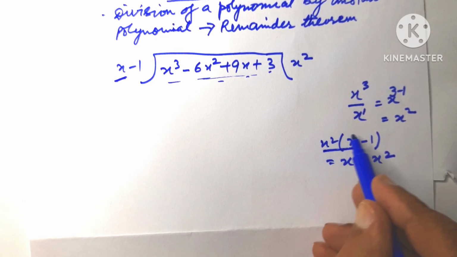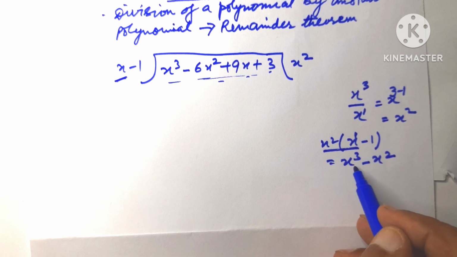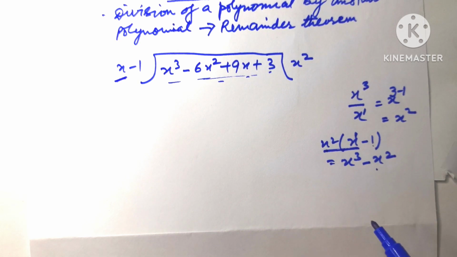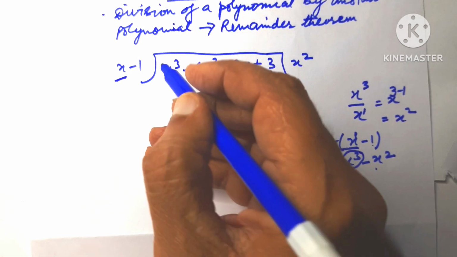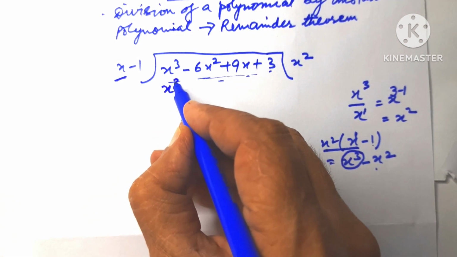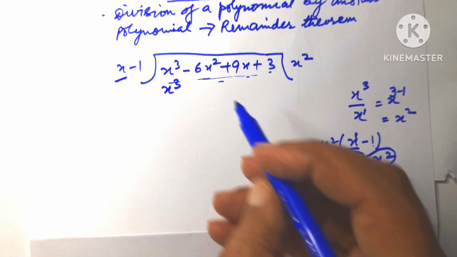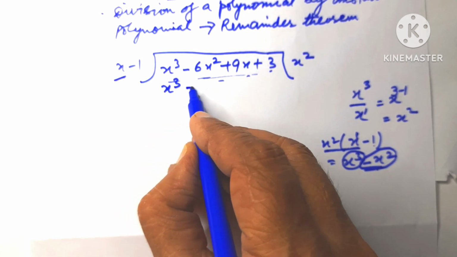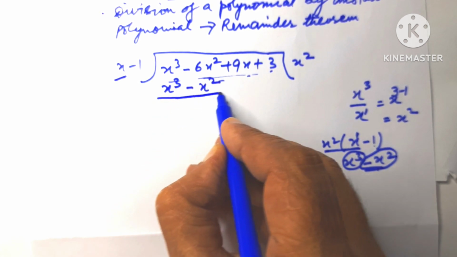Multiplied with x, powers are added in multiplication, it becomes x cube, and when multiplied with minus 1, it becomes minus x square. So the first term we got is x cube. We'll write x cube under x cube. Then this is minus x square, so we'll write x square under the x square and draw a line.